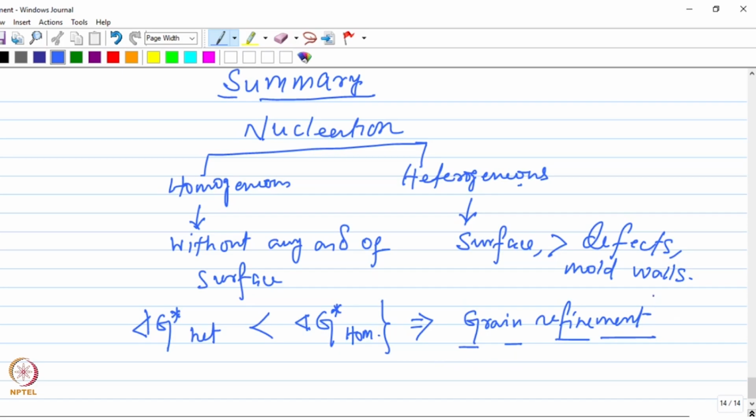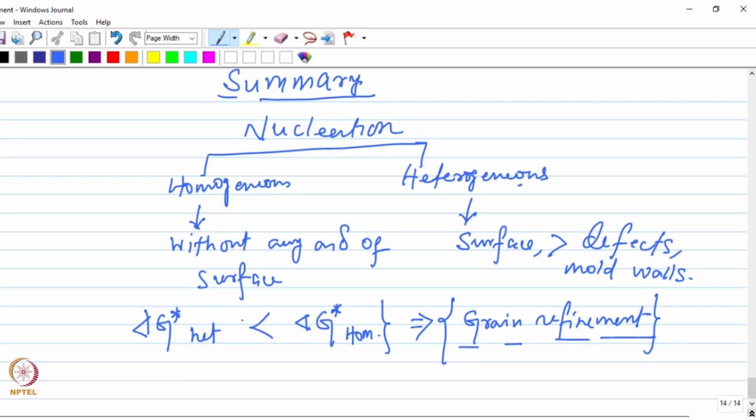Okay, so that's the idea behind this melt inoculation, as we call it, in which a grain refiner in the form of some solid particles is added to the melt for them to act as the heterogeneous nucleation sites and lead to a finer grain size in the solidified material.